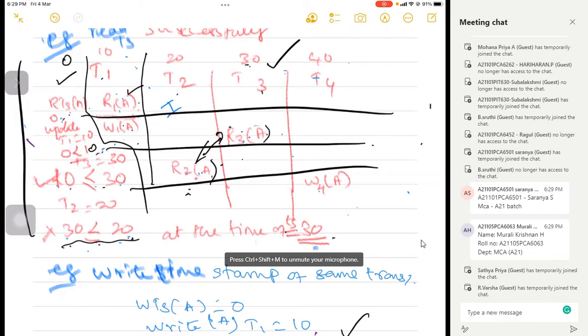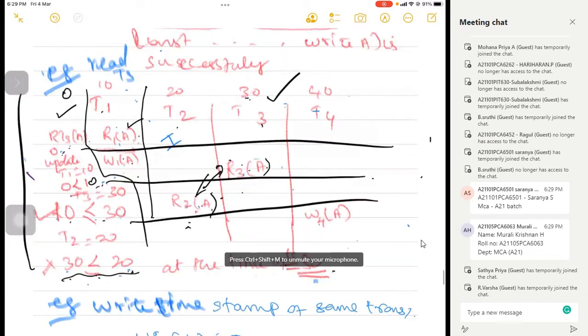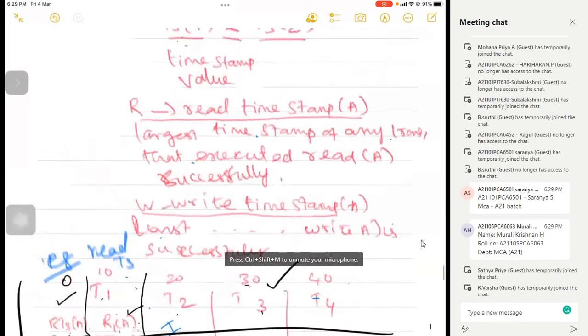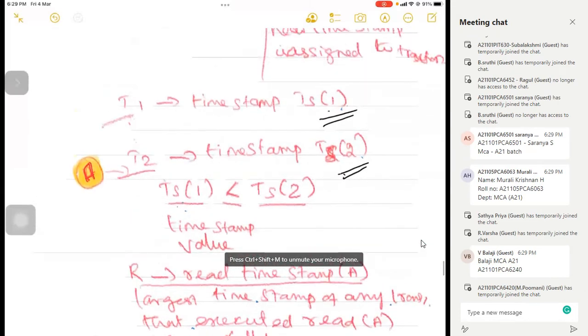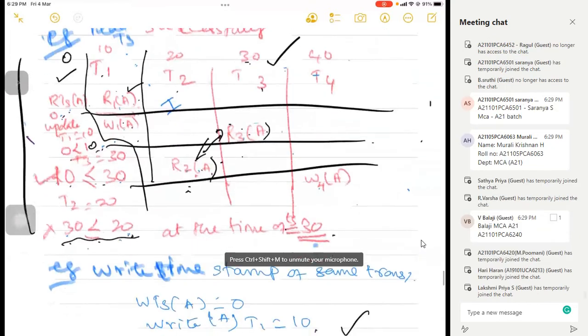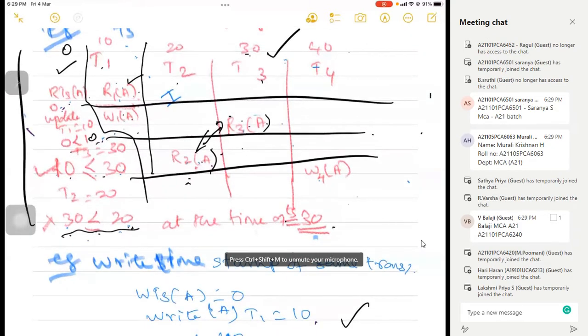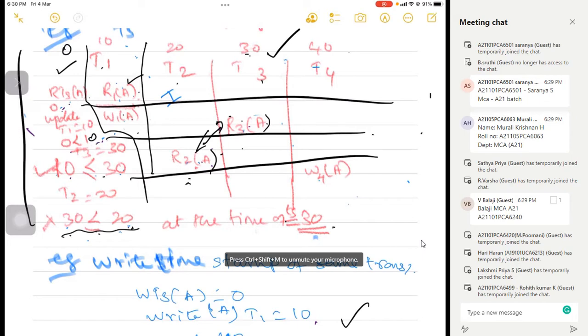Now the start time is 0. Just a minute. Okay. Now T1 is completed. The timestamp gets 10.